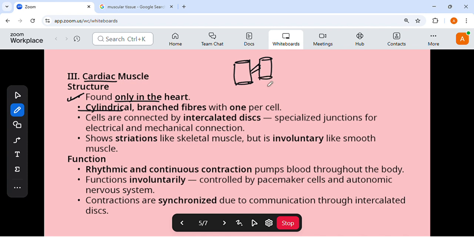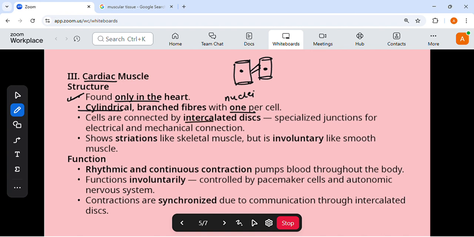branching we can see here in cardiac muscle. It is uninucleated, so one nucleus that will be in the center. One nucleus is present, and it is at the center.